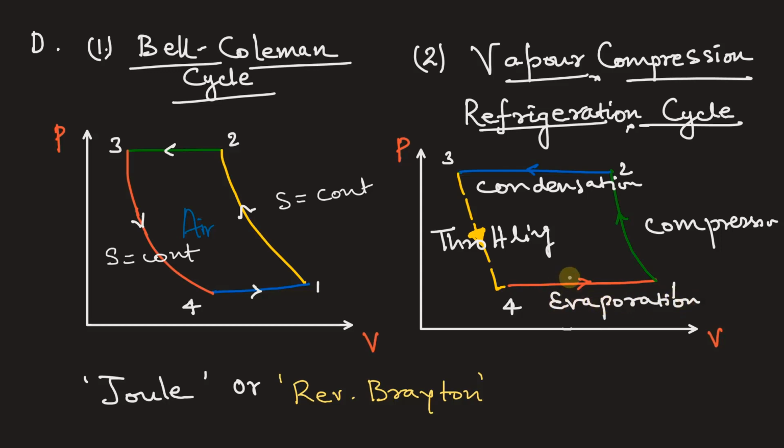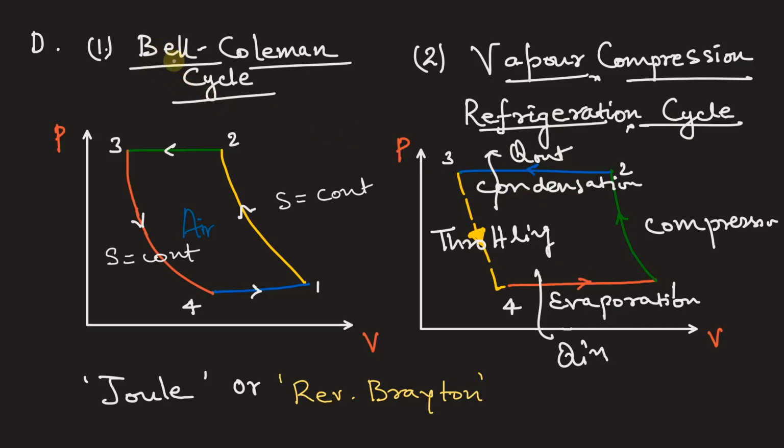In process 4 to 1, heat is added to the system, and in process 2 to 3, heat is rejected from the system. In the vapor compression refrigeration cycle as well, we see there is no isothermal process.